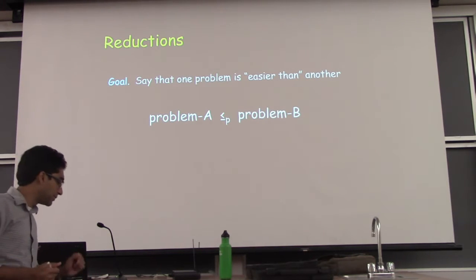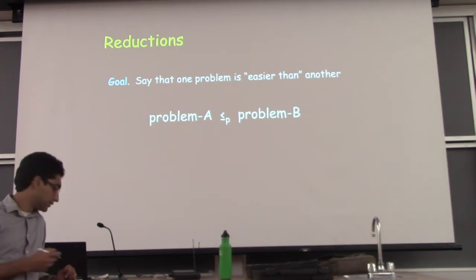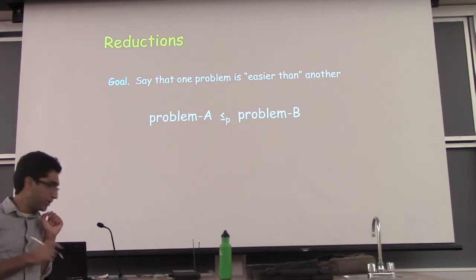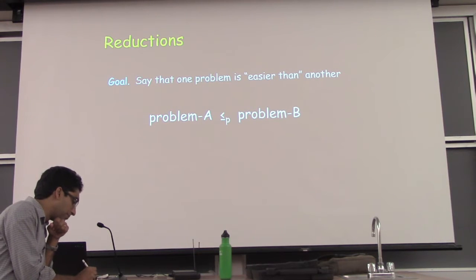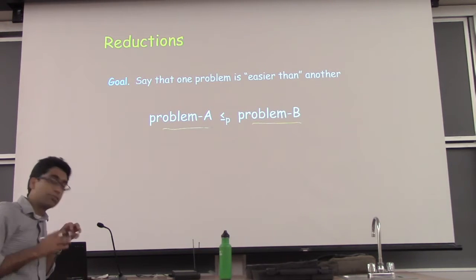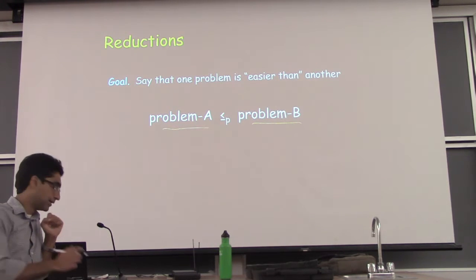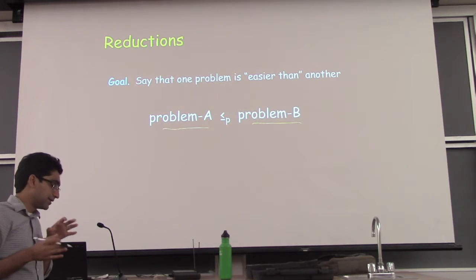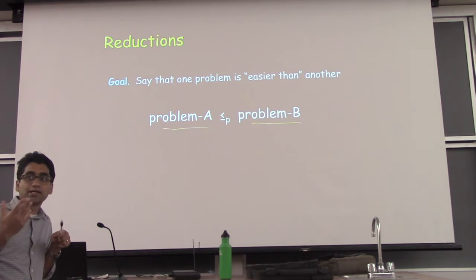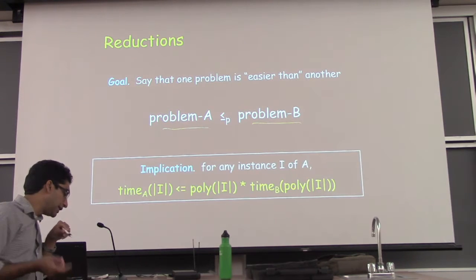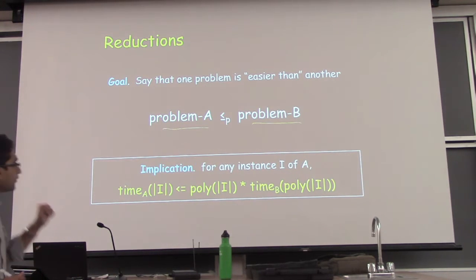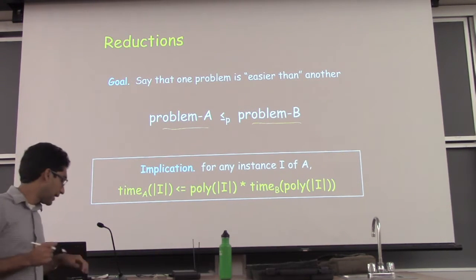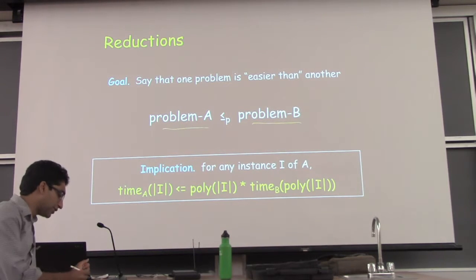And so let me also recall this notion of reduction. We introduced this notation, less than or equal to sub p, and basically it means problem A can be reduced to problem B with polytime reductions. So intuitively it's like saying problem A is easier than problem B, or it's not much harder than problem B. And formally what we said is if you have any instance I of problem A, having a reduction implies that you can solve that instance.